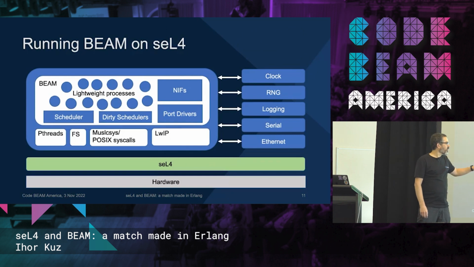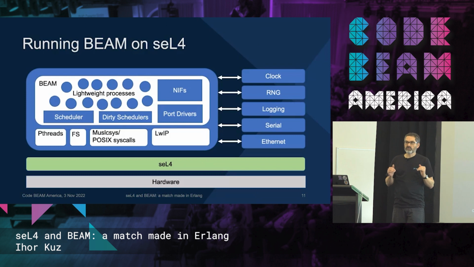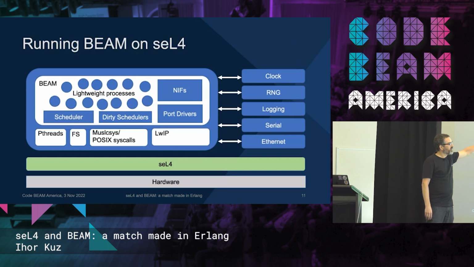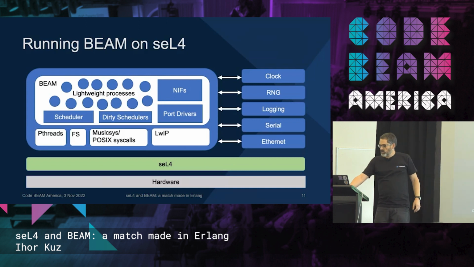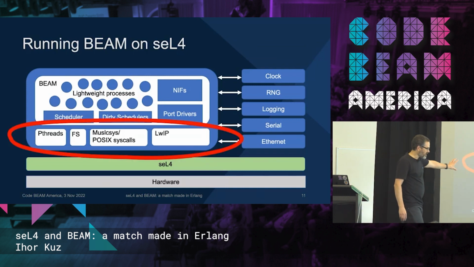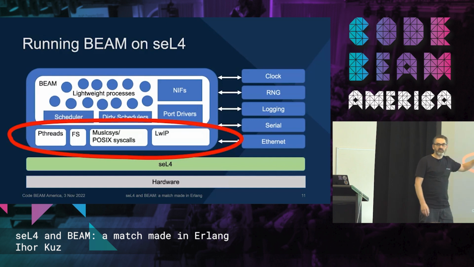In order to make it work, it relies on a bunch of POSIX functionality, which is not something that seL4 natively provides. seL4 is a microkernel, so it provides very minimal OS functionality, nothing resembling POSIX. And so in order to get Beam running on seL4, we essentially need to implement the basic POSIX functionality that it needs on top of seL4, which we've done.